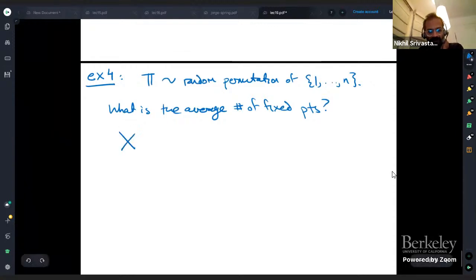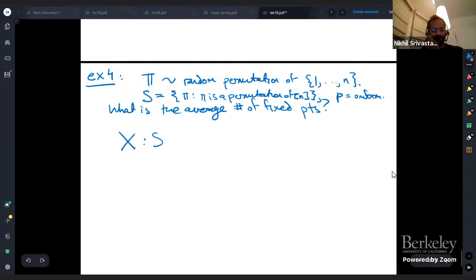So here the random variable is X. S is now the set of all permutations, right? And the distribution P is just uniform.